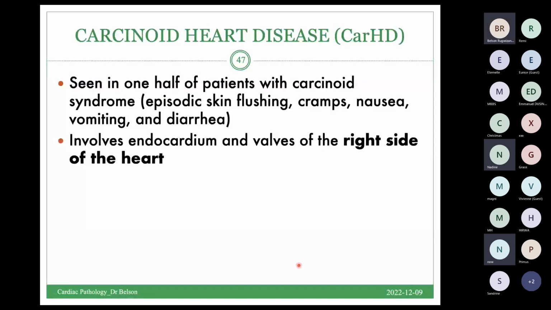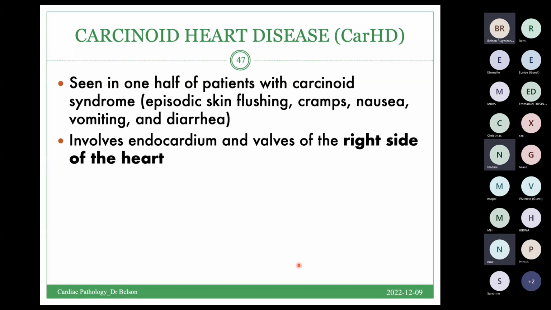So carcinoid heart disease is seen in half of the patients with carcinoid syndrome. So carcinoid syndrome, we will see the details in the digestive system. In a presentation I made yesterday, we did some details about this. So skin flushing, cramps, nausea, vomiting, and diarrhea.